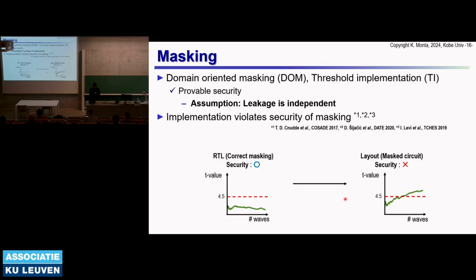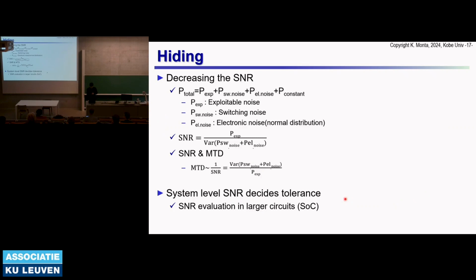However, they didn't find the reason which causes the leakage. It can be coupling between signal wiring or coupling through the power delivery network, but they didn't find the reason, so it's really difficult to find the reason for this leakage caused by the layout and make a countermeasure against it. And another one is hiding.